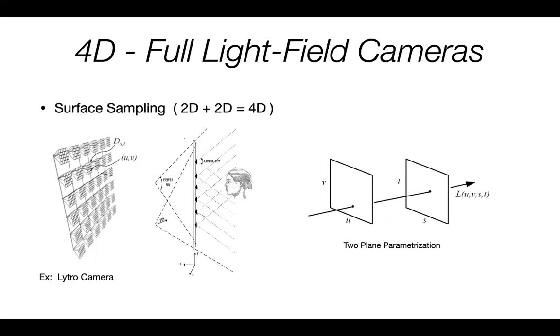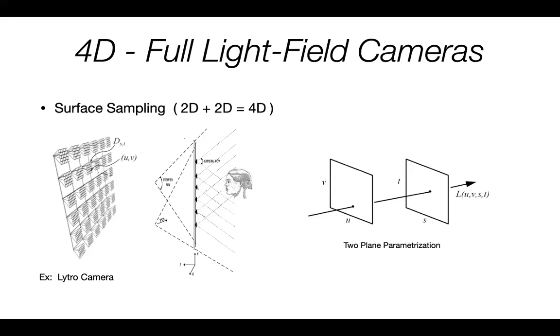But finally, we have the full 4D light field. So this is a more complete sampling of the plenoptic function, because this light field actually captures the rays in a volume of space, right? And so the idea is that you have some surface, could be a plane or some other surface, and then you put several cameras occupying this area of the surface.